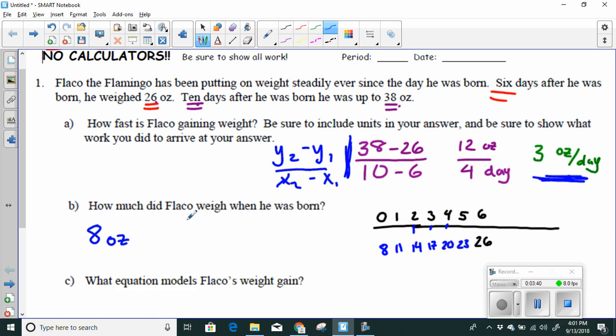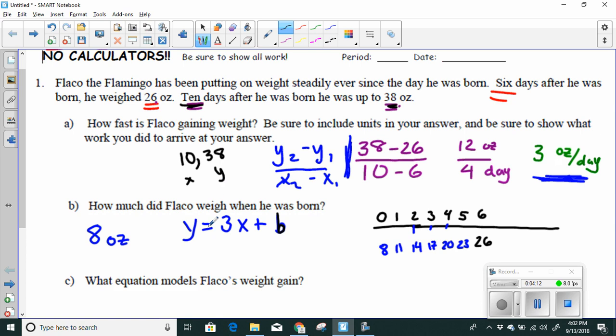So what we could have done is say, well, I know my equation must be y equals 3x plus, I don't know a start value. I'm going to pretend I don't know this, so I could say plus b. And in order to find this b value, this y-intercept, we could have used any xy point that we know. Here's an xy point, 10, 38. We know that after 10 days, he weighed 38 ounces.